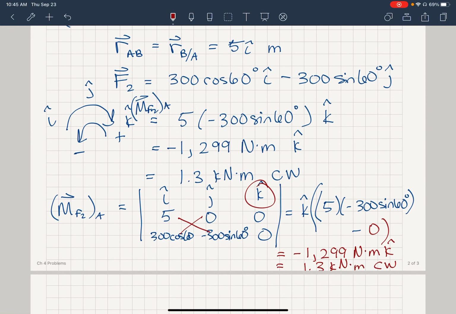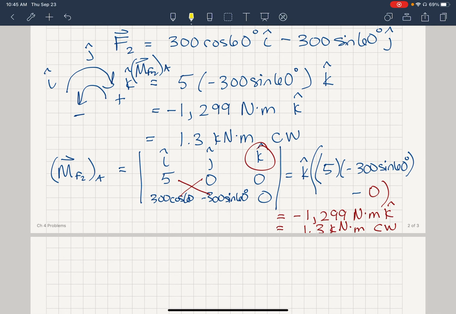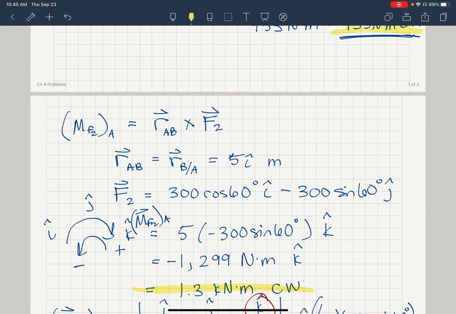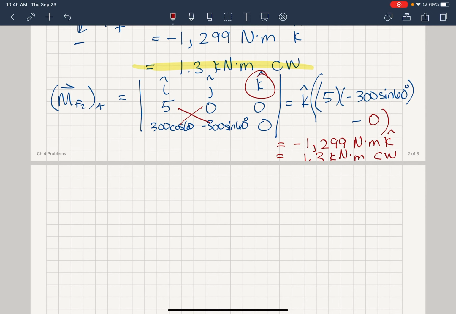Let's do the last one now. This was one of them, and then the last one is the moment due to F3, so the moment due to F3 about A. For this one, you can use whatever method you want, but what I would probably do is just figure it out.